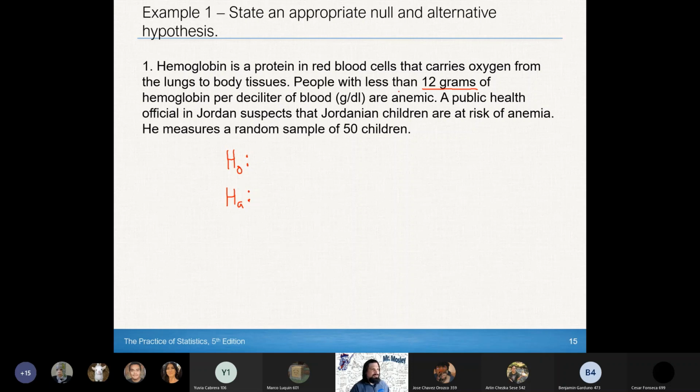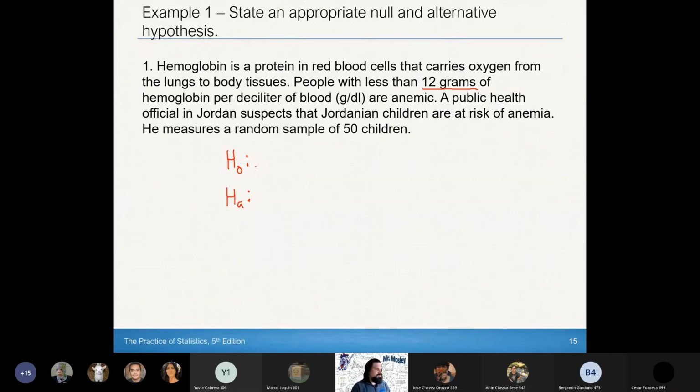We're dealing with values and not percentages. And in this case, we're looking at averages. It doesn't specifically say the average, but if we sample a whole set of people and we want to know how many grams of hemoglobin per deciliter of blood they have, we're going to deal with an average.